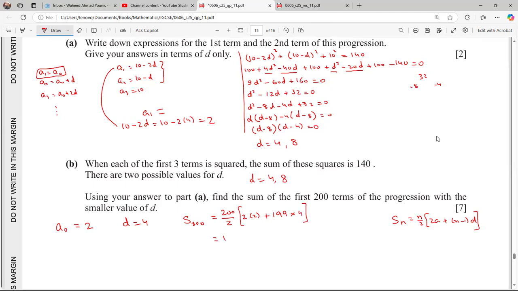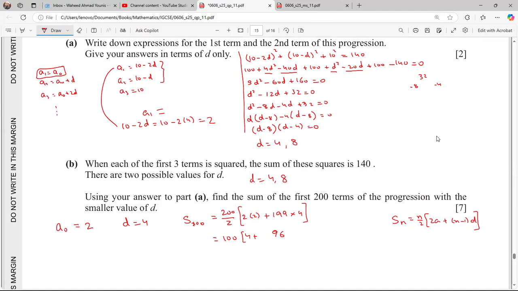So this is going to be 100 times (4 plus 796).